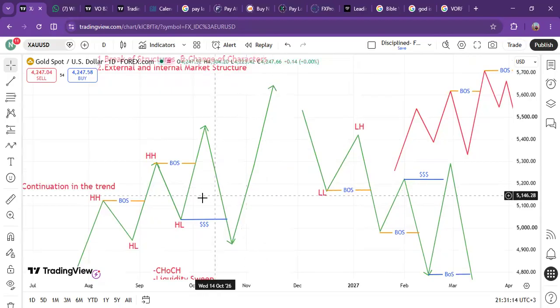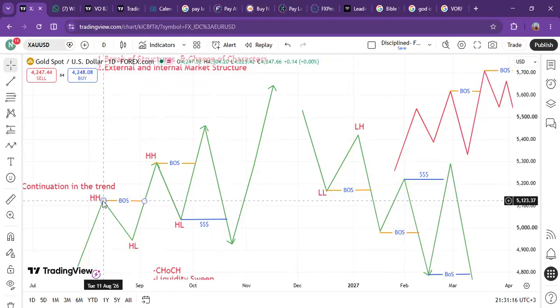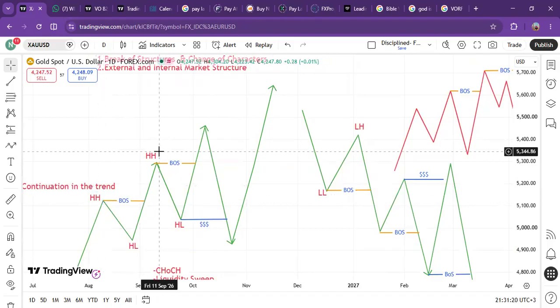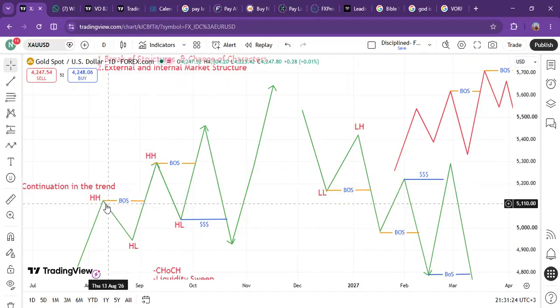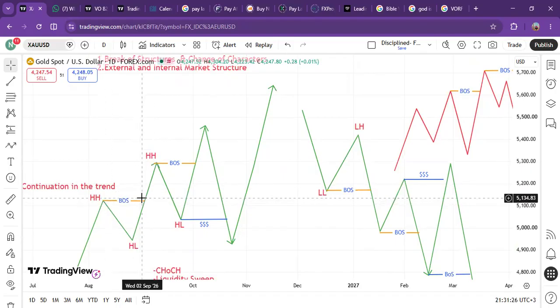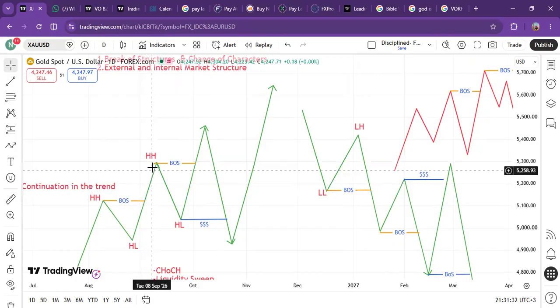When the market breaks this high, the distance between a higher high and another higher high is basically what we call the imbalance. So if the market breaks structure here, from this area to this area, that is the imbalance I'm talking about. It signifies that buyers are willing to continue pushing the market higher.